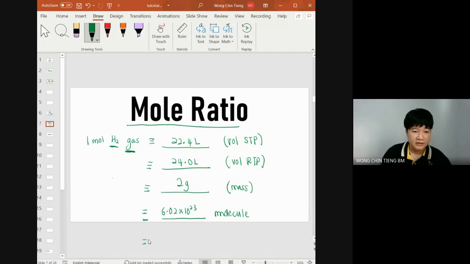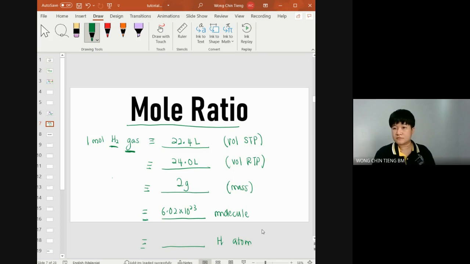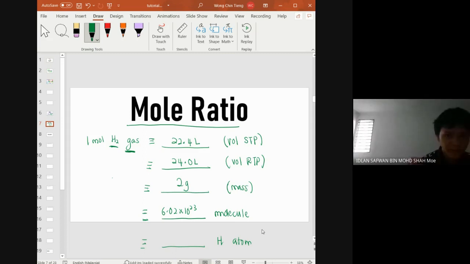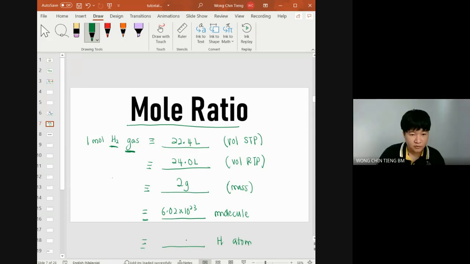Last. If I want hydrogen atom. Anybody? 1.204 times 10 to the power of 24.